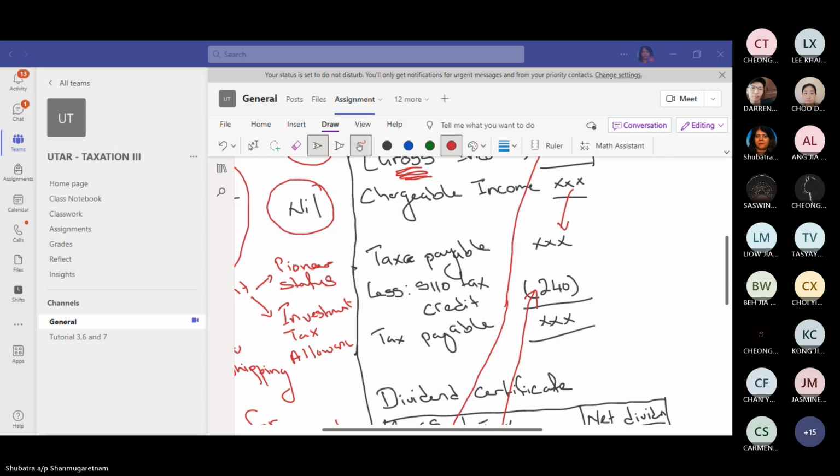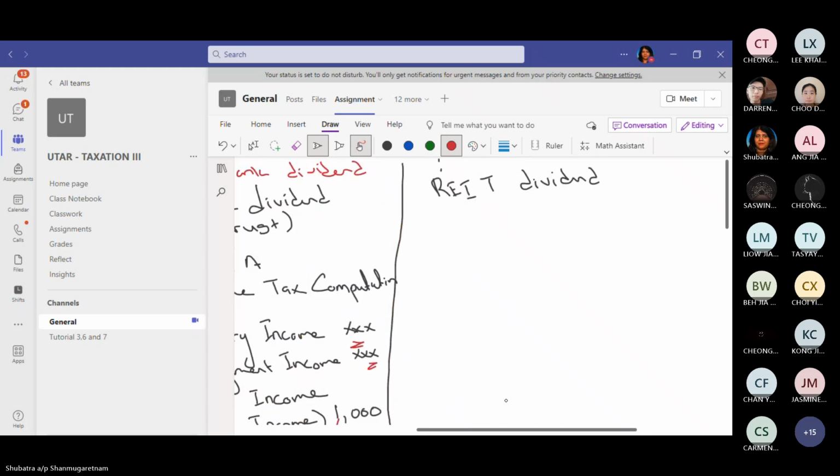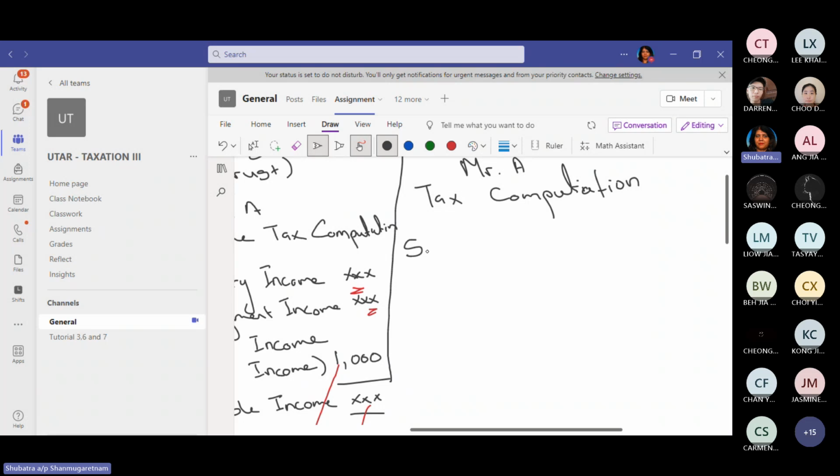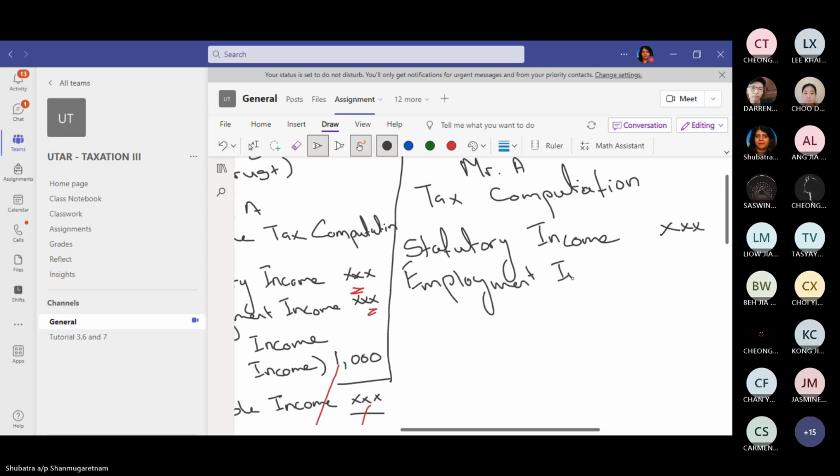Okay, now REITs dividend. When you pay REITs dividend, in Mr. A's tax computation, you will have your statutory income, your employment income, and your dividend income from REIT.